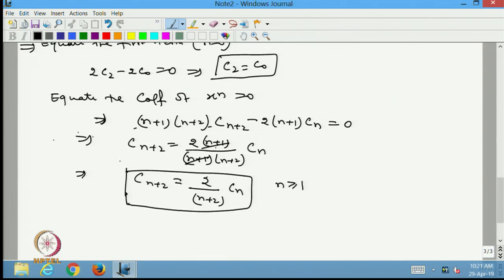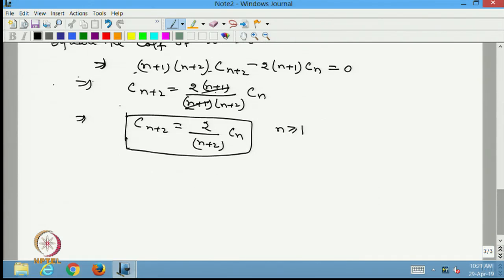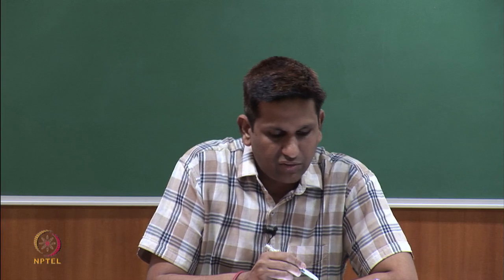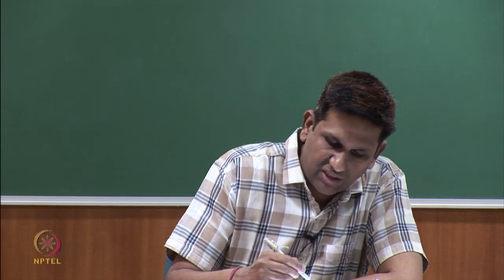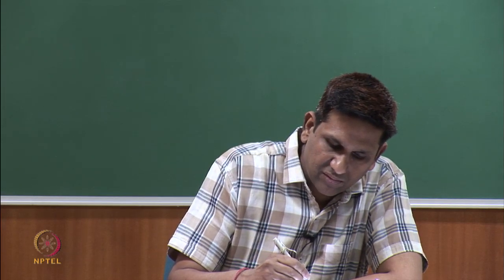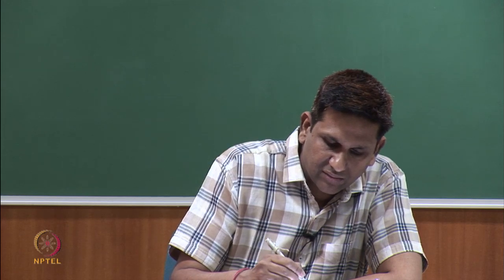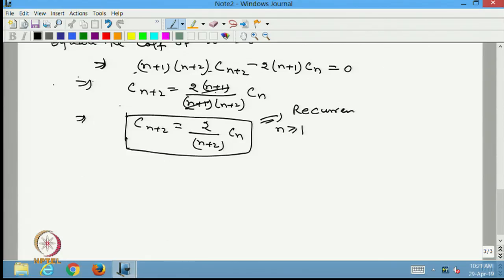So, from here I will get this relation in which if I know the value of Cn, I can find the value of Cn plus 2. This type of equation is called the recurrence relation. So, in the recurrence relation, if I know one coefficient, I can write another coefficient in the form of that coefficient.